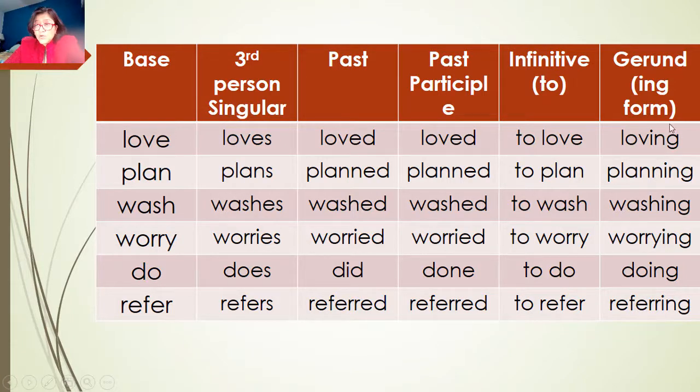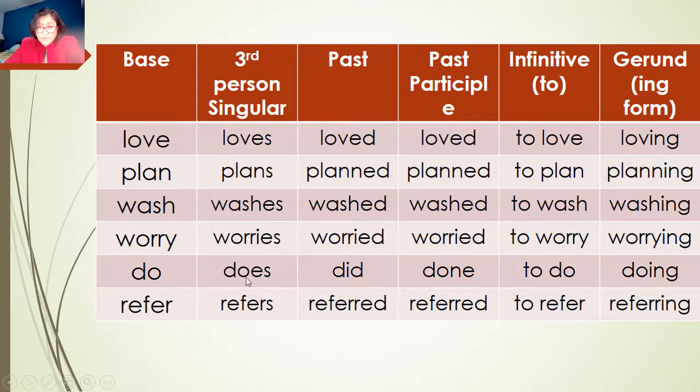And the rule for the gerund is we use the base form plus the ing form. Okay? So if the base form is worry, there's no need to change anything. It doesn't follow the same rules as the past and the past participle or the third person singular. Okay, then base.